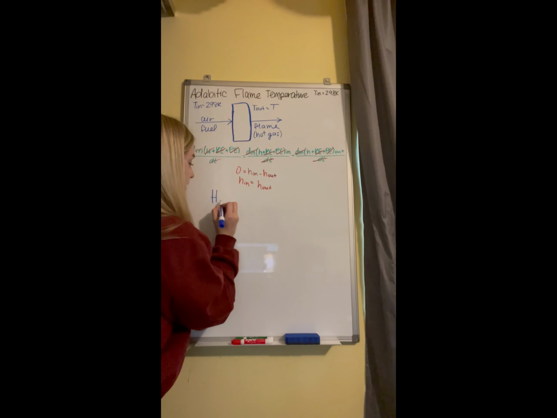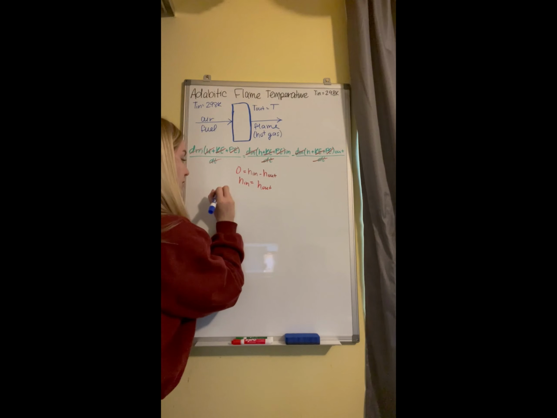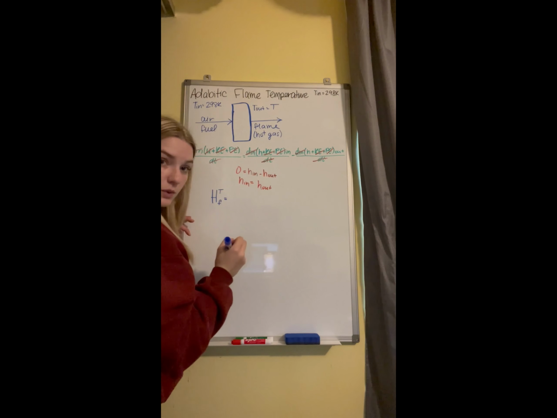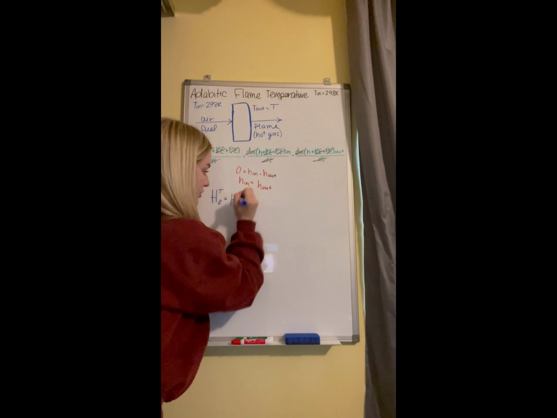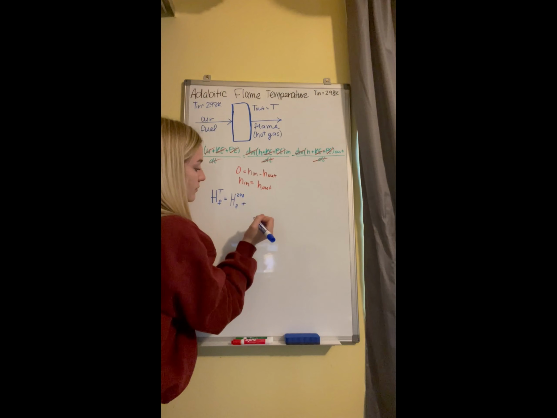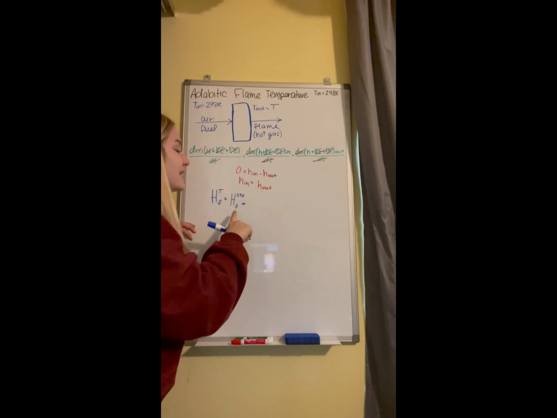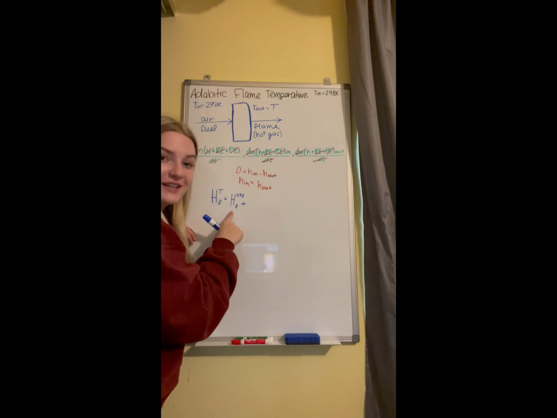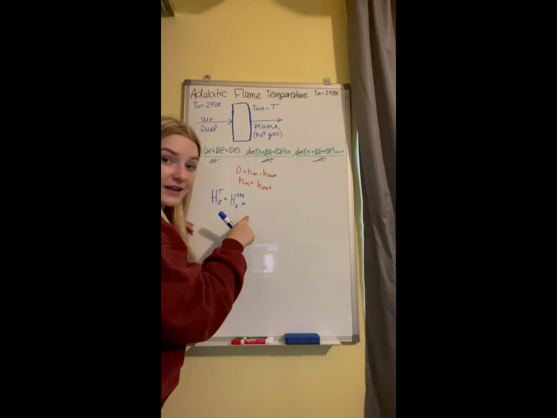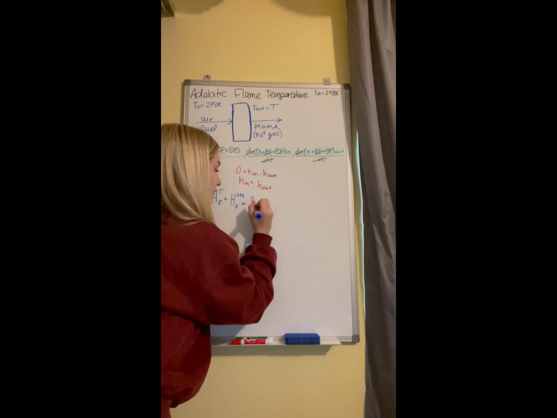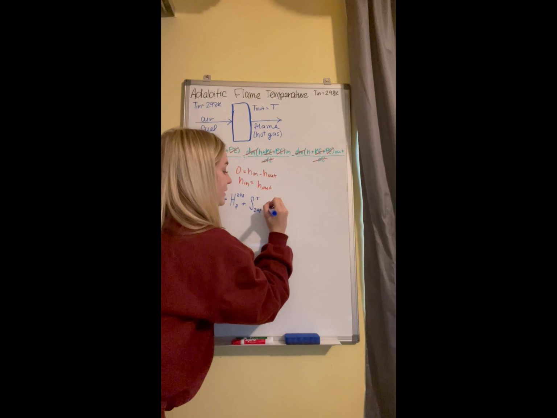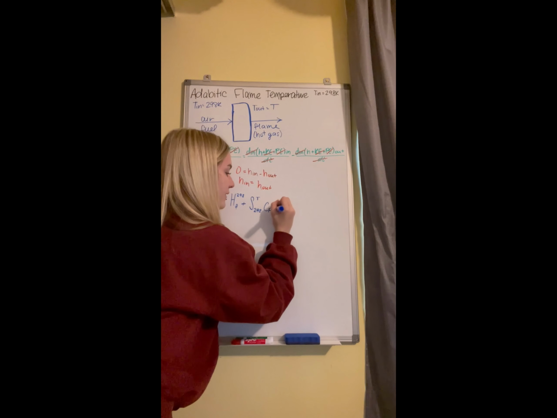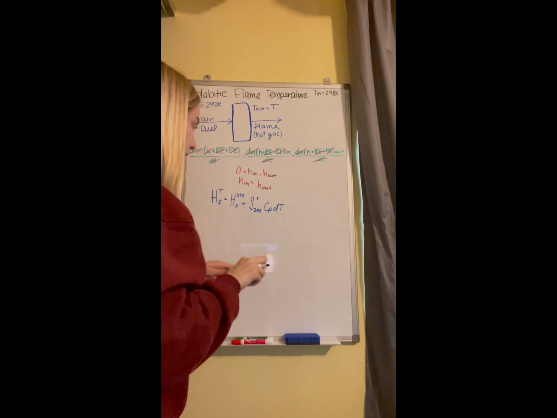So we are going to have the heat of formation with respect to the temperature is equal to the heat of formation of our initial temperature, and we are going to add the integral from 298, which is our initial temperature, to T, of the heat capacity, with respect to temperature.